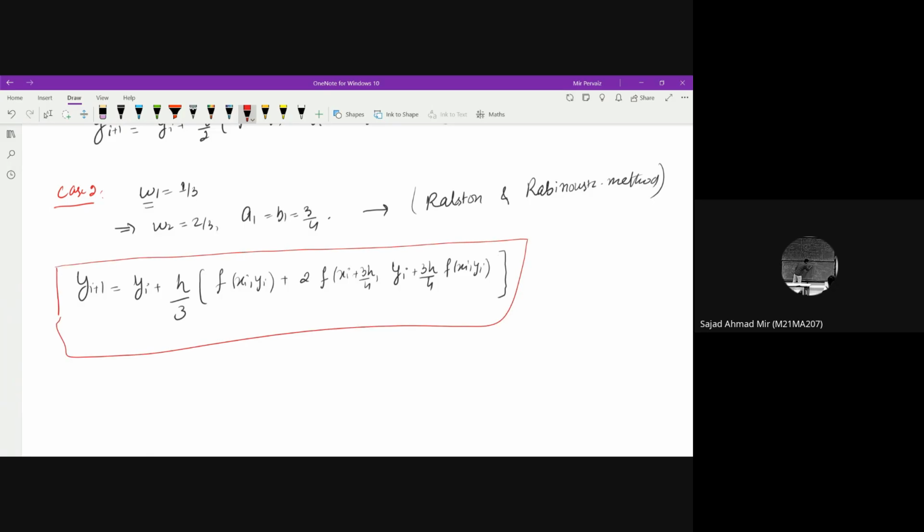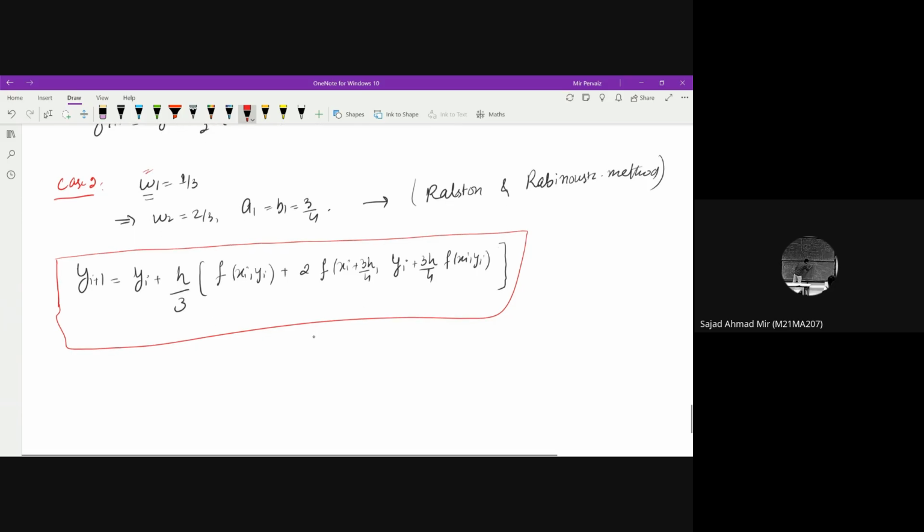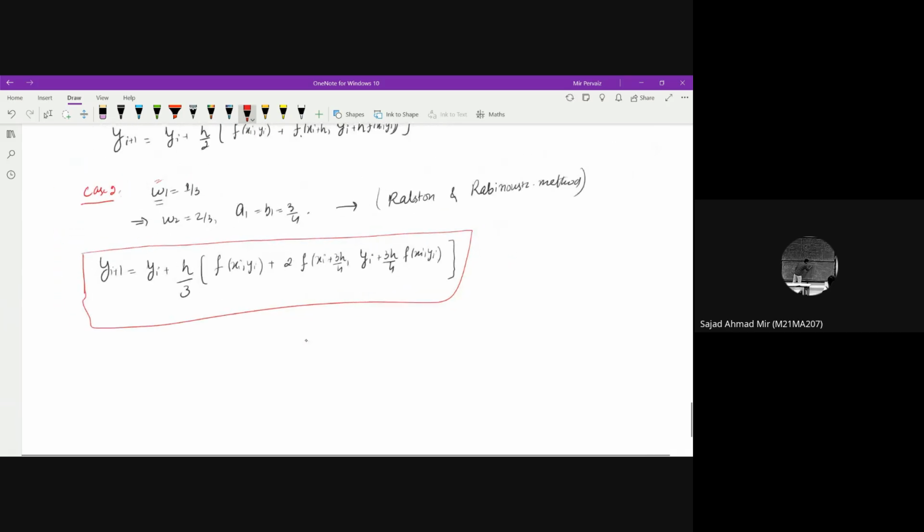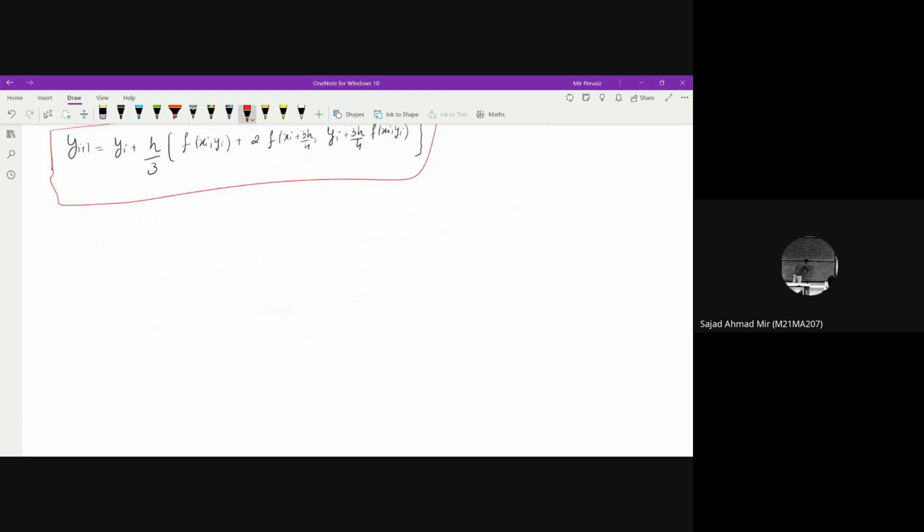So based on how you tune a parameter, you will get different methods, and these are some famous methods. That's why they have some name. So this was the RK method of order 2. Similarly, you can go for RK method of order 3, and the most used method is the RK4 method.